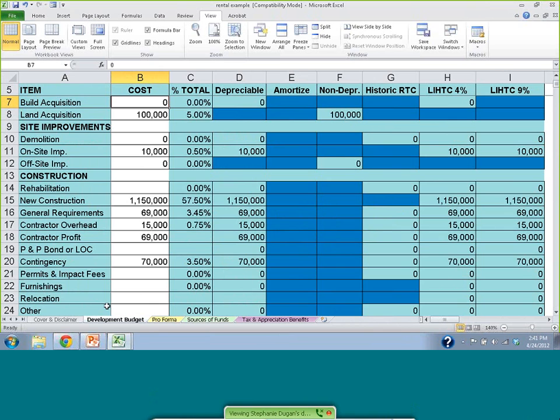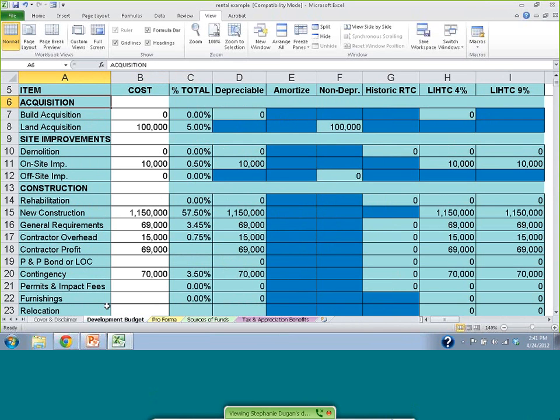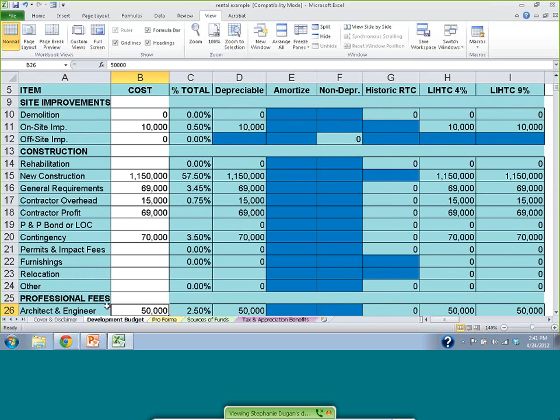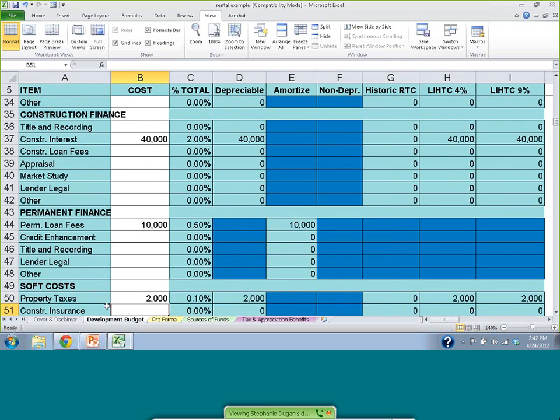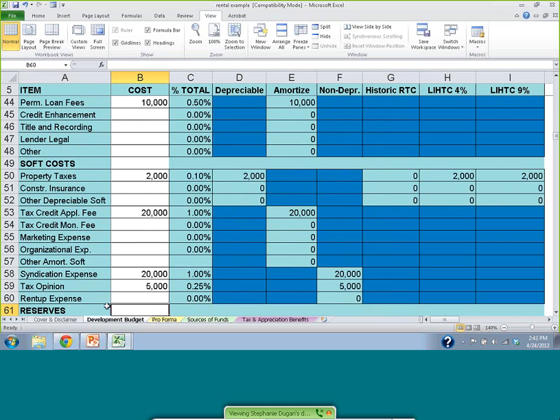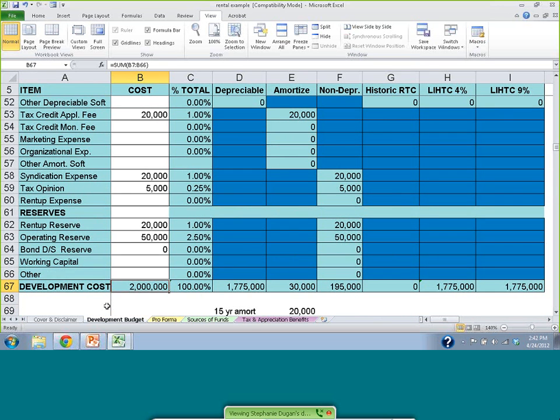You would input the information into the development budget. This is very similar to the black and white form you may have used in 420. So we've got construction cost, and we've got profit and overhead, some contingency, we've got some professional fees, and ultimately our total project cost adds up to $2 million.